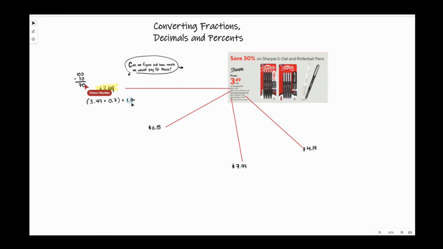And then same with the multiplying by 1.11. That includes tax right into it. So that's 111%, and it looks weird because it's a percent that's larger than 100. But again, I'm doing it that way because I can bypass a couple of steps.